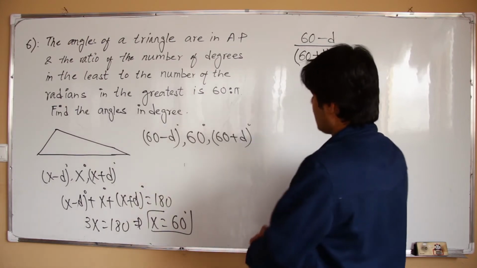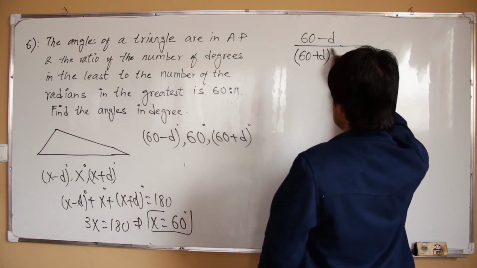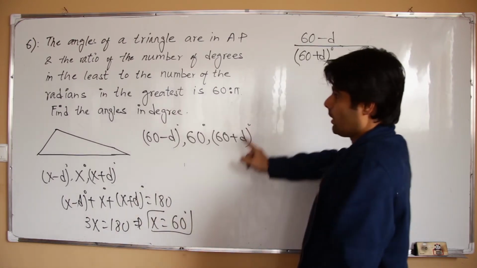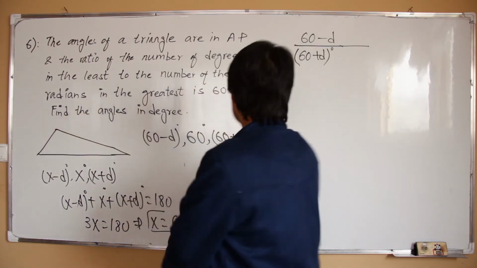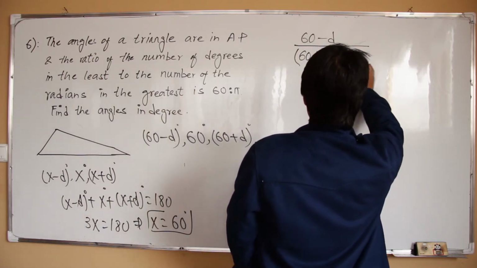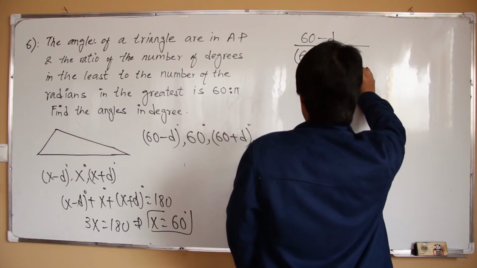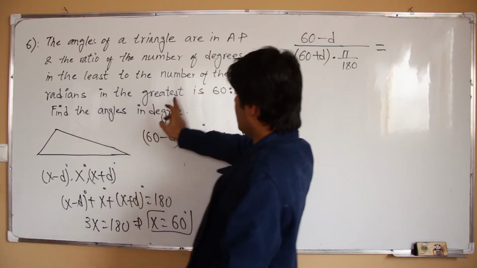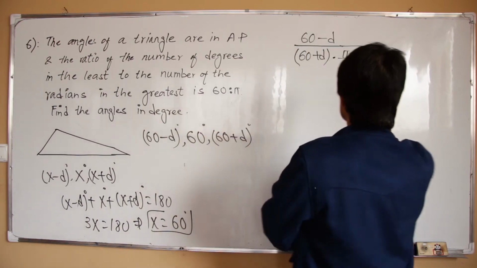And there is something that the greatest should not be in degree. It should be in radian. We know that 1 degree is pi divided by 180 radian is equal to 60 divided by pi.